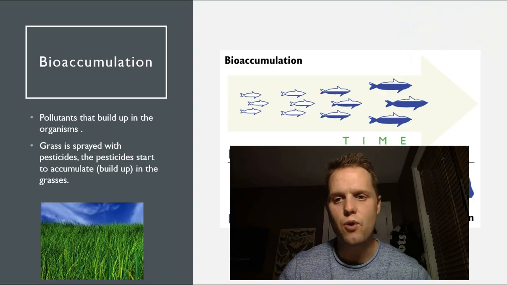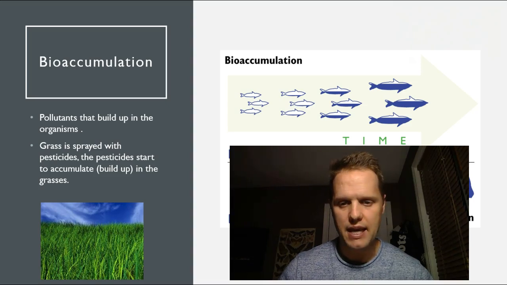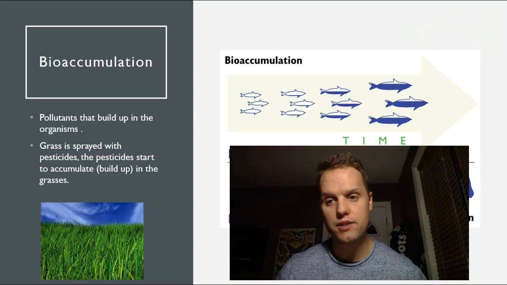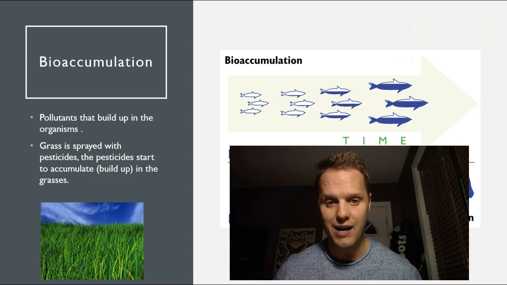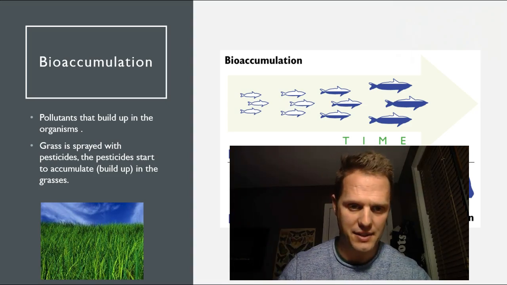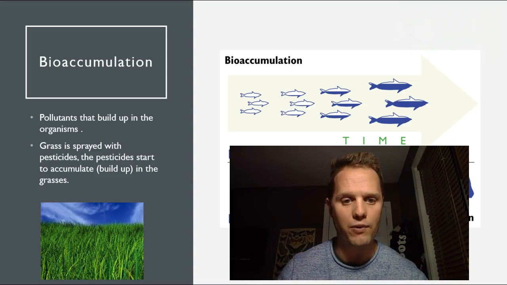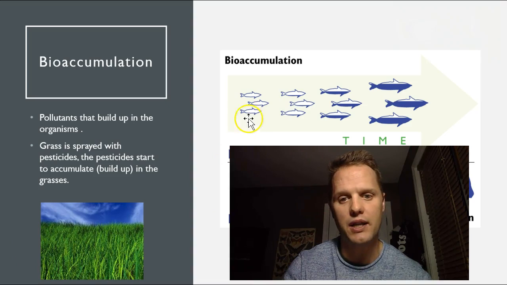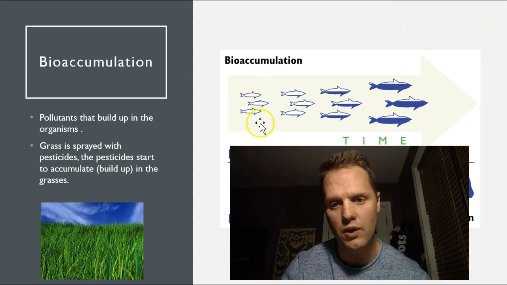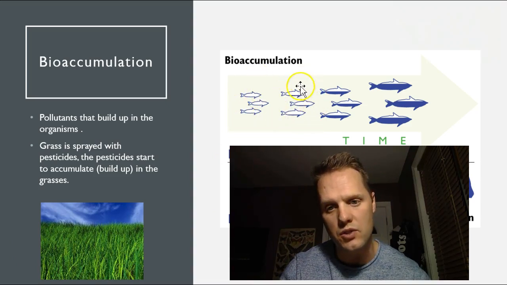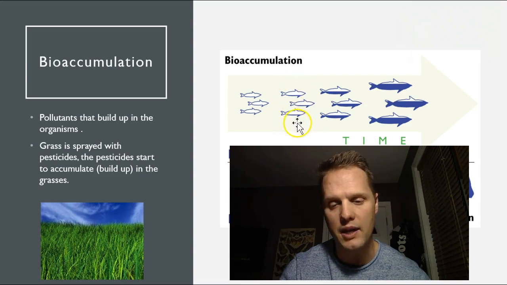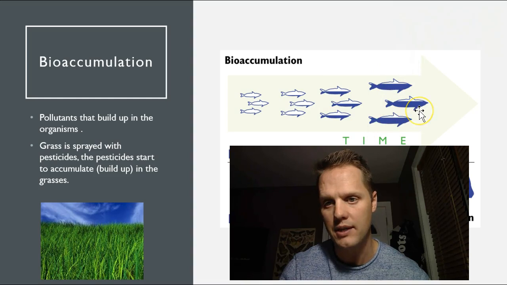This process is known as bioaccumulation, and this means that the toxin is building up in the body or in the organism over time. So grass that's sprayed with pesticides starts to accumulate and build up toxins over time. This is a great example. First you have a clean organism, soon it dissolves some into its body, and over time the concentrations increase as that organism gets older.